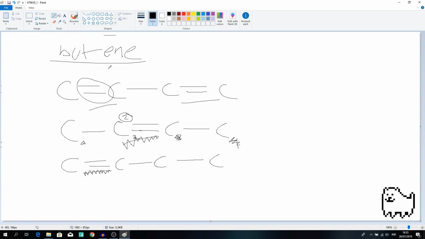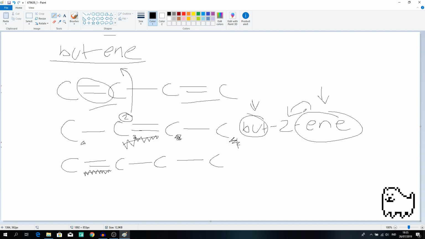So we are supposed to put the number before the ene. So we call this one but-2-ene. This basically means that we have a carbon hydrogen molecule, and this has 4 carbons. We know this from the but. We know that it has a double bond. We know this from the ene, and we know that the double bond is at the second carbon, which is right over here.